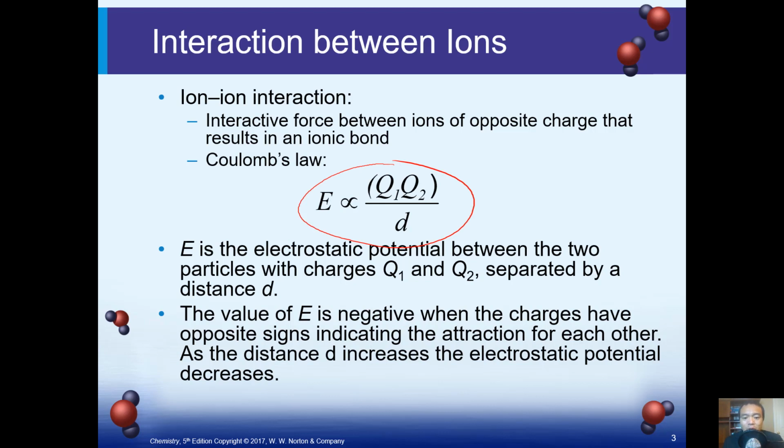The energy of the Coulombic interaction depends on two factors: the magnitude of the positive and negative charges, and the second factor is the distance between the charged particles, represented by the distance d. And the distance d is related to the radii of the corresponding cations and anions.